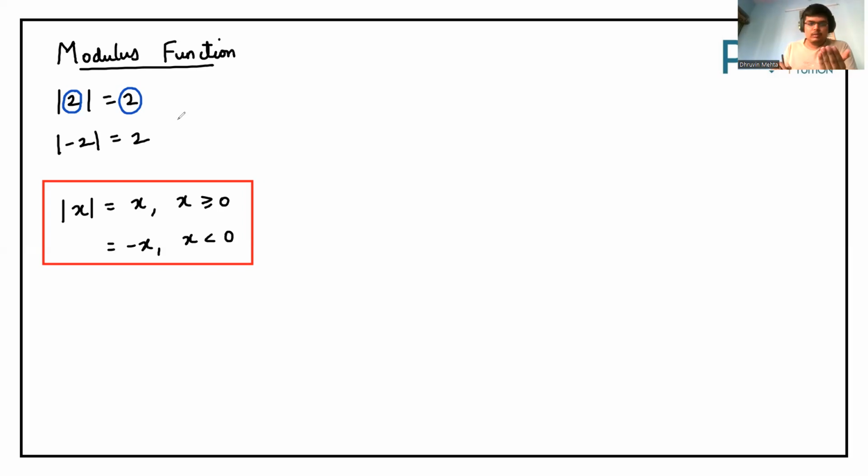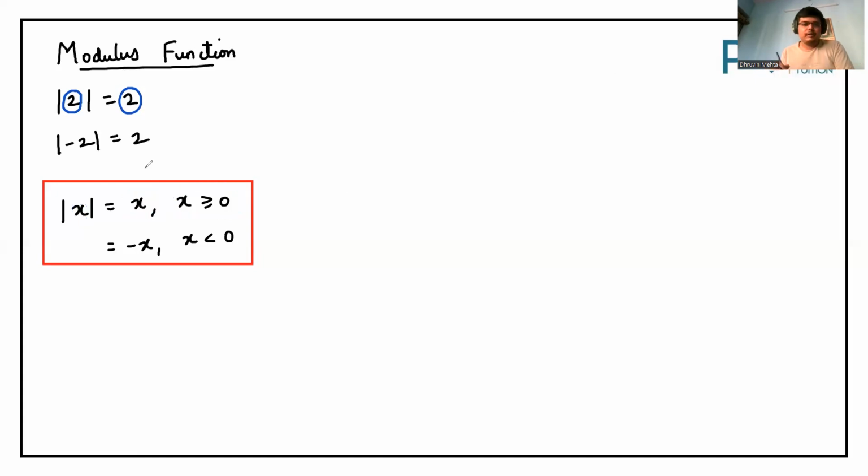So they have the same sign, and when is that possible? They will have the same sign when the number is positive. That's exactly what we have written here. Modulus of x is x. So this x is positive, and this x is also positive. And when is this possible? When the number itself is positive, meaning greater than or equal to 0.